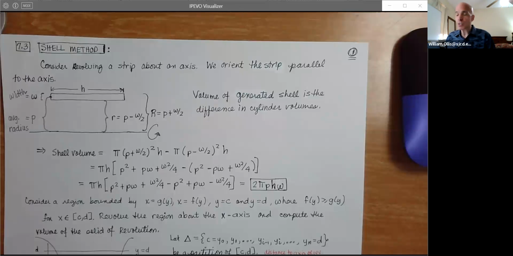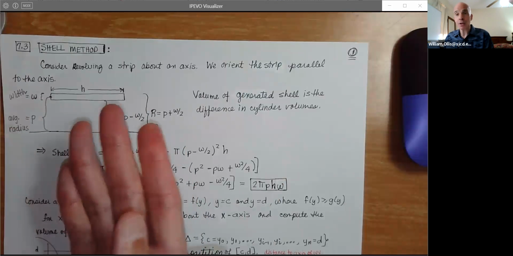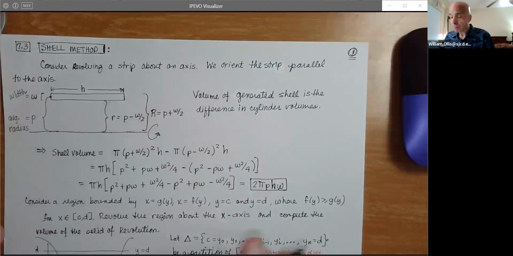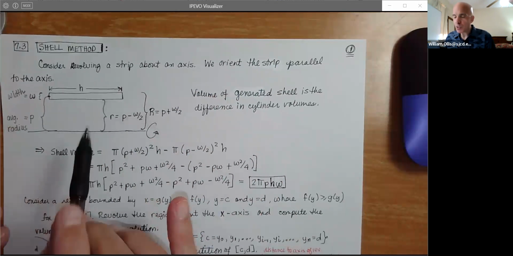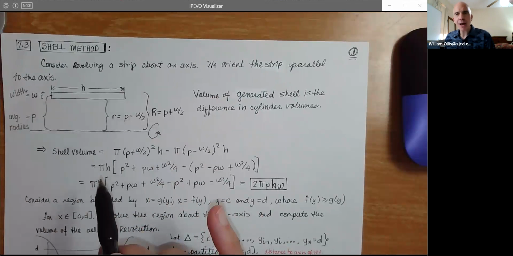Or there might be a situation where one method provides an integral that you don't know how to compute, but the other method provides an integral that you understand. So as a physicist, as a science student, you may find that, okay, I'm using this method because I can actually do the integral.